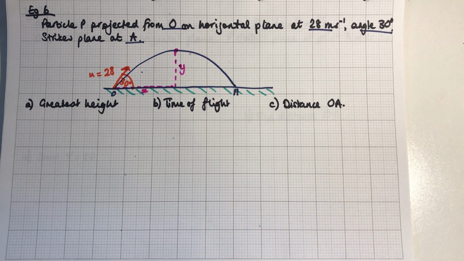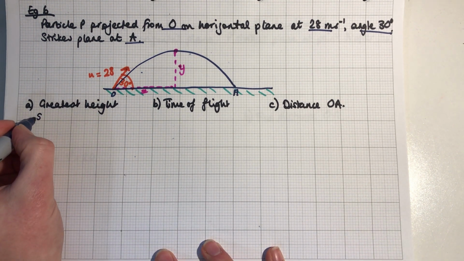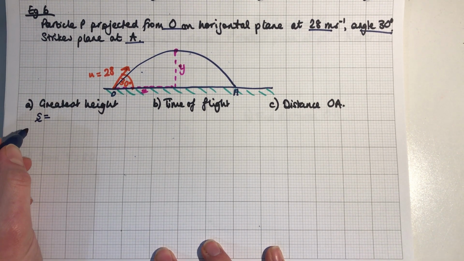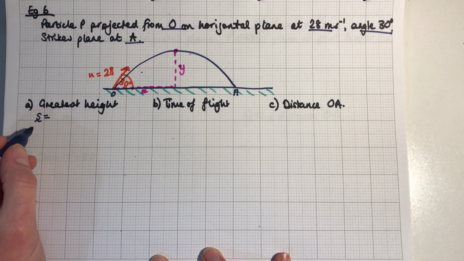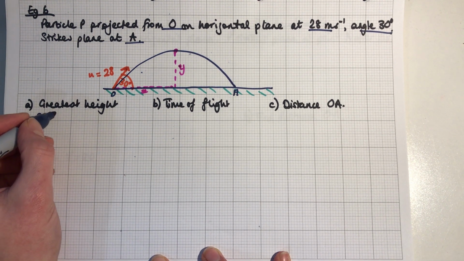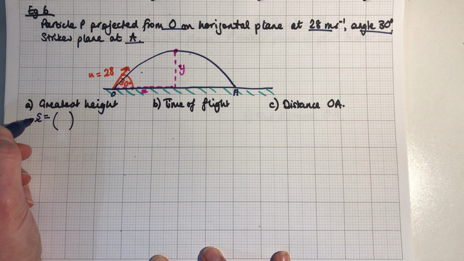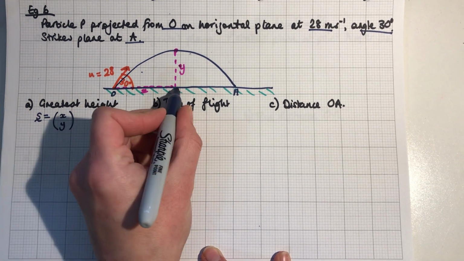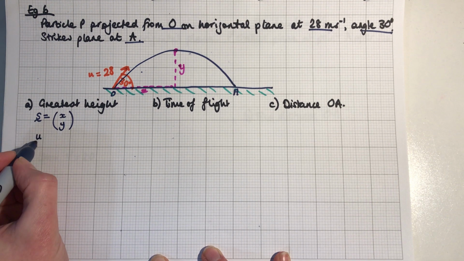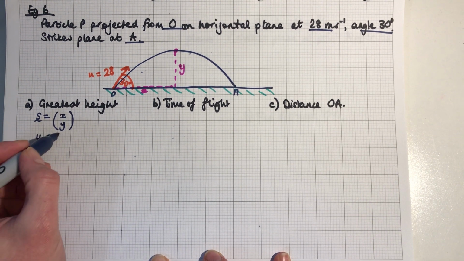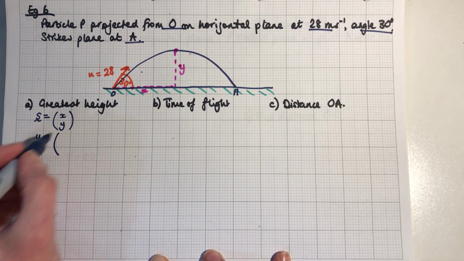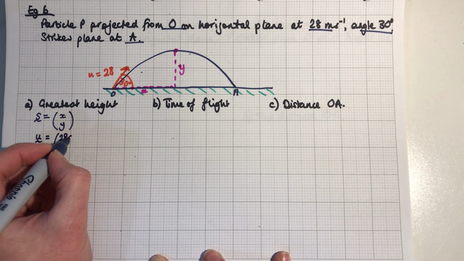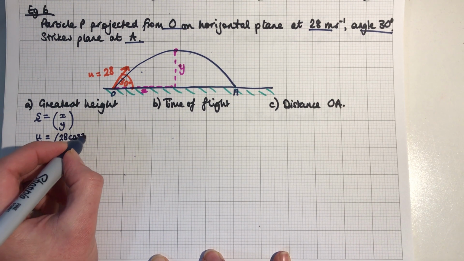Now, for every single one of these questions, we start by writing out our SUVAT, but using the horizontal and the vertical components of everything where that's relevant. So S is X, Y, horizontal, vertical. U is the horizontal component of this, so that's 28 cos 30.